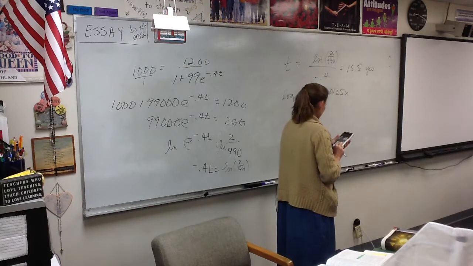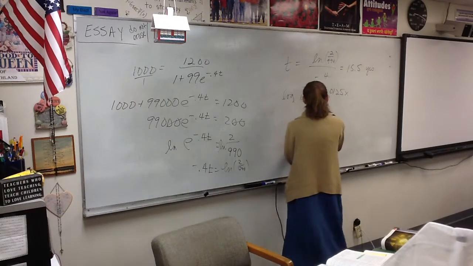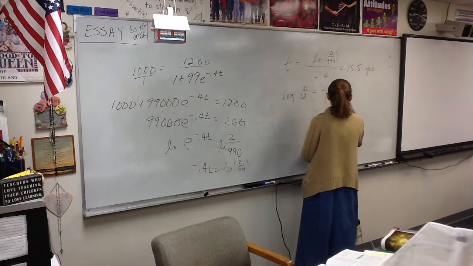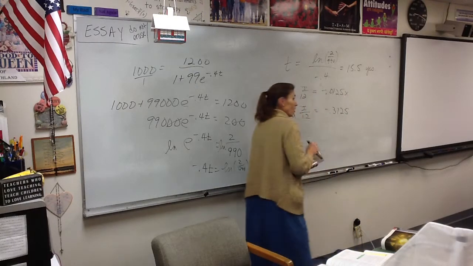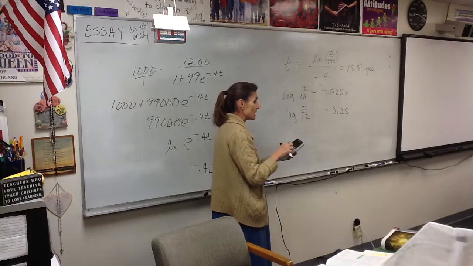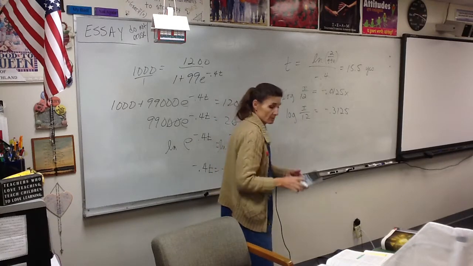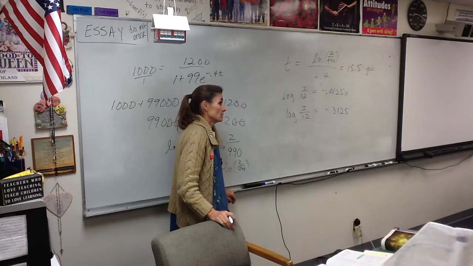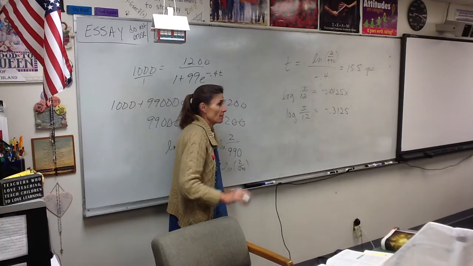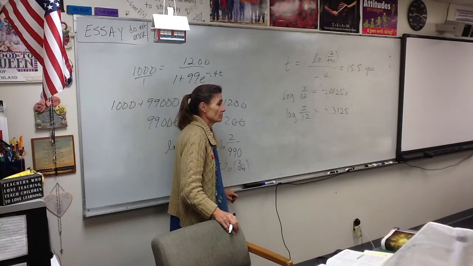So when I do that, this ends up being negative 0.3125. Now, how do I solve this equation? All I've done is plug in the x value they gave me. I don't multiply by 12. Eventually I'll multiply by 12, but not right now.